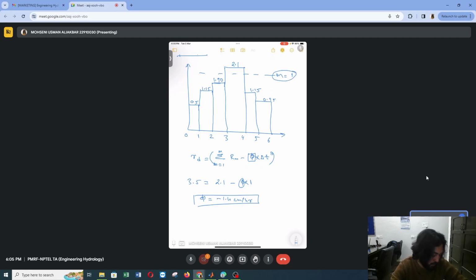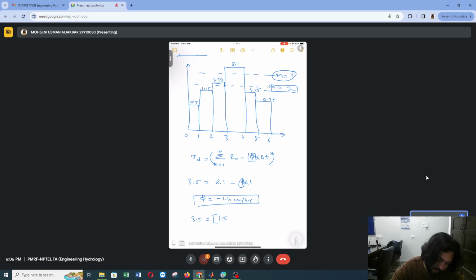Now we are going to take the next assumption, that is when the value of m is equal to 2. If we take this condition, this implies that the value of phi should be between 1.15 and 1.9. And for this instance also we know the value of R_D is 3.5.